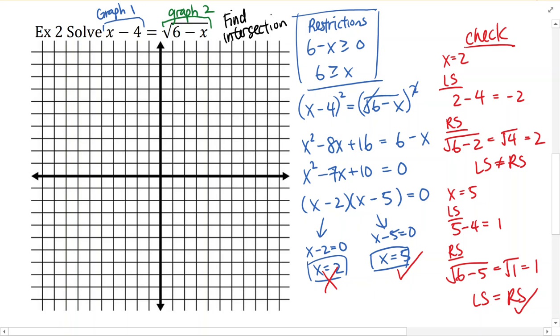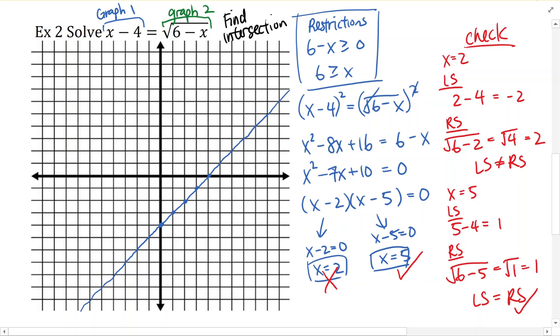Let's start with graph 1. This one is simply a line, with y-intercept of -4 and slope of 1. So it's just going to be a straight line that goes across like this. Again, a ruler would be ideal, because right now my lines are very shaky. There we go.